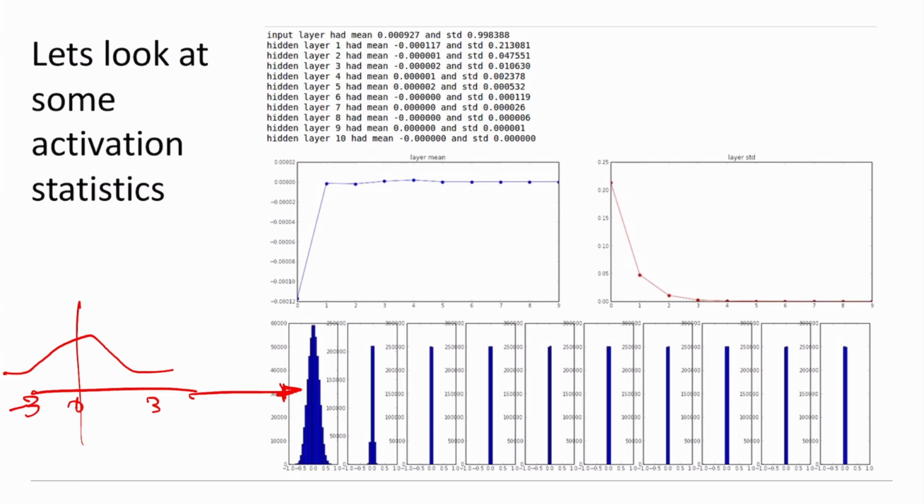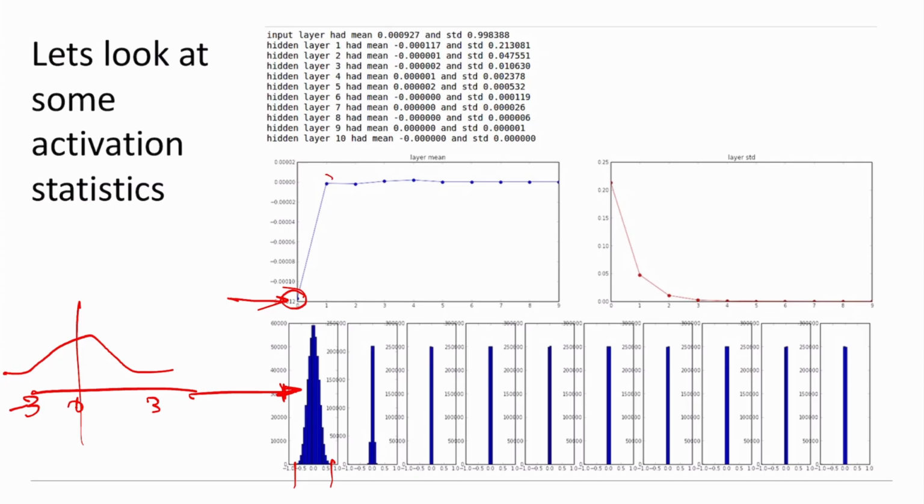It gets squished to -0.5 to +0.5. And we also plot the mean and standard deviation. The mean of the first layer stays almost around 0, because that's how the data was.